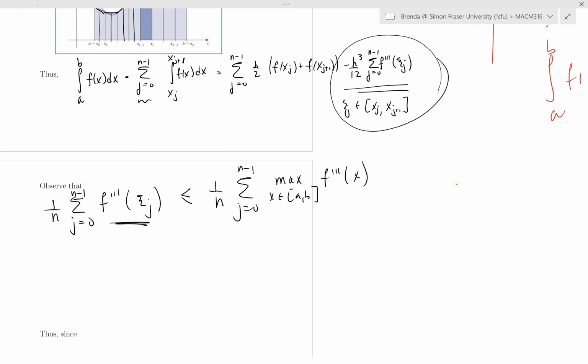We can say it is some exact thing, but since we don't know how to figure out what that is, let's find out where the third derivative is maximum on the interval. It can't be any worse than that. I'm writing that as the maximum value of x in [a, b] of the third derivative of x. We got n of them.